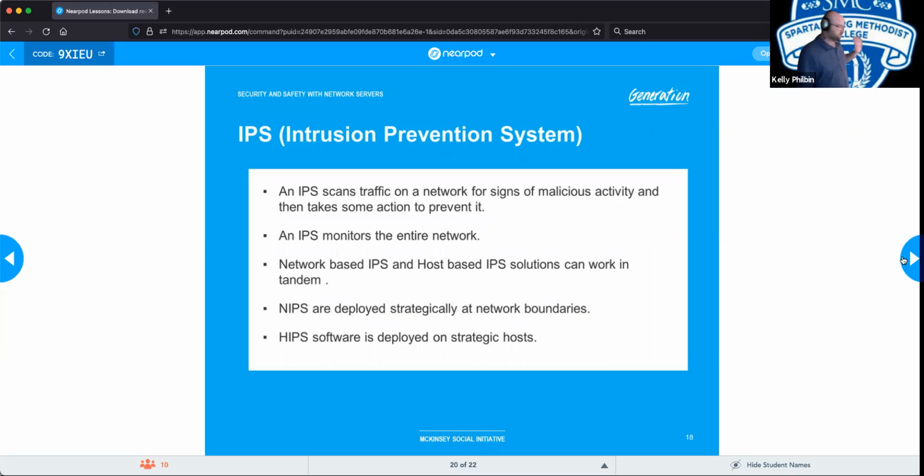And the IDS and IPS can use things like heuristic algorithms to detect anomalies. And heuristic basically is a fancy word for behavior. So if it detects odd behavior, it can shut those things down or notify somebody that there's a problem.